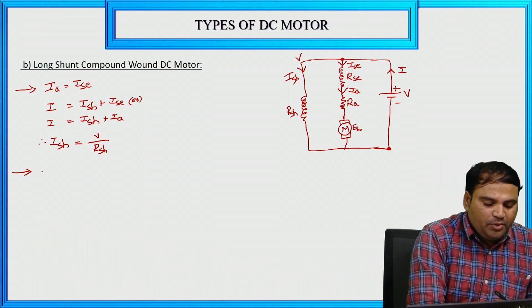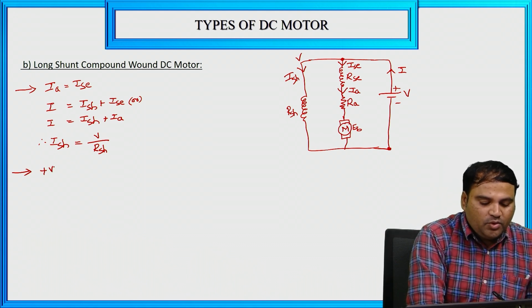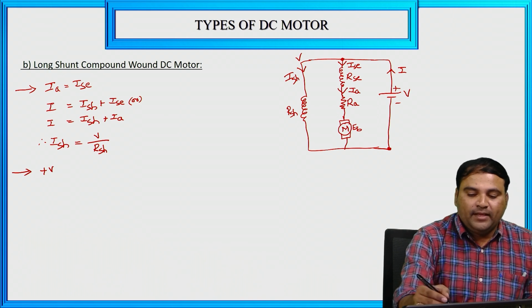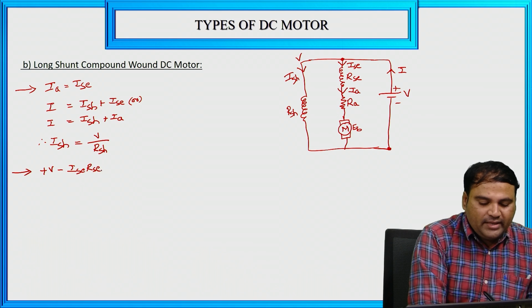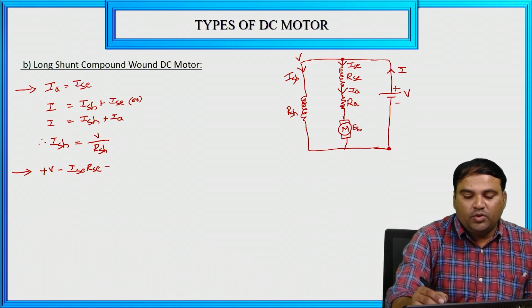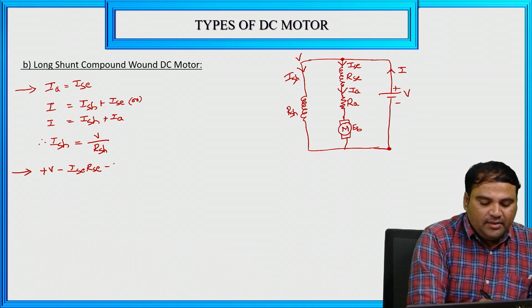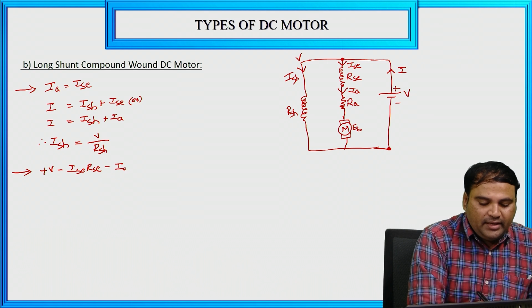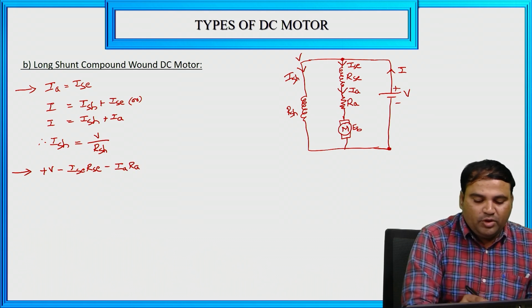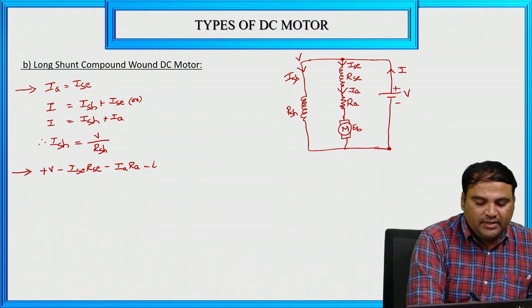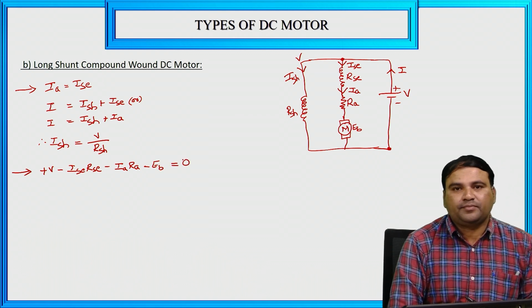So the second polarity is plus, voltage is V, and at RSC, the voltage drop is minus ISC into RSC, minus the voltage drop at RA, that is minus IA RA, and for the motor having the back EMF, that is minus EB, is equal to 0.